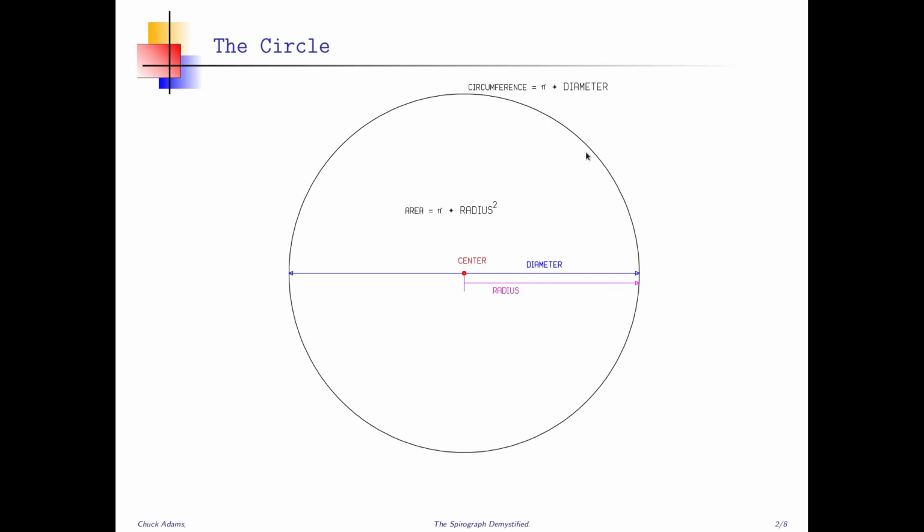The circumference, I'm sorry, I may have slipped there. The circumference, the distance around the circle, is equal to pi times the diameter. It's also equal to 2 times pi times the radius, since the diameter is twice the radius. So basically the spirograph is going to be doing things based on the circle.